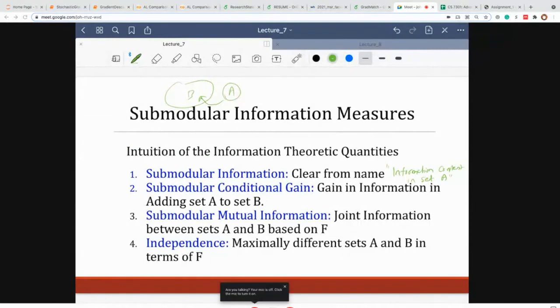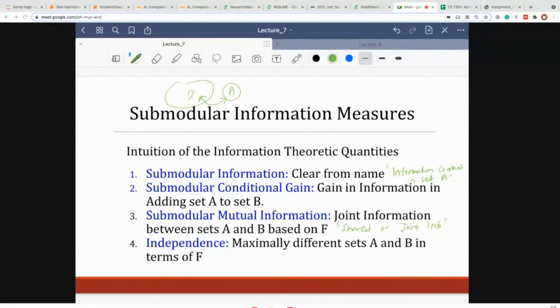The submodular mutual information is the joint information between A and B. I have two sets A and B. What is the joint or shared information? Now the beauty of this, as we will see very soon, is that what we mean by the shared information or the joint information actually depends on the specific submodular function at hand.